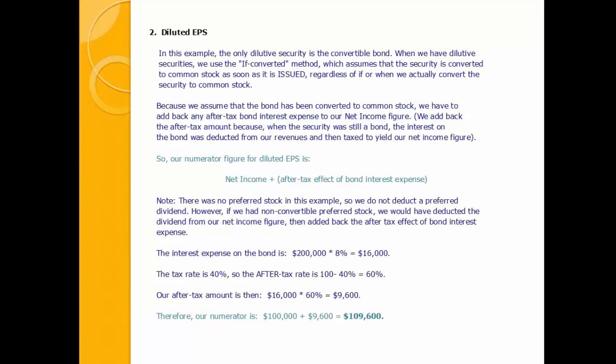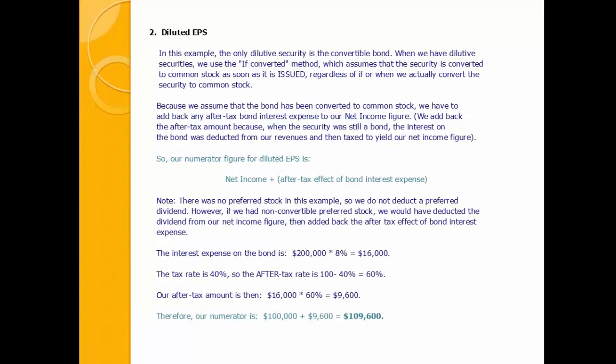So the interest expense on the bond is $200,000 times 8%, which is $16,000 per year. The tax rate is 40%, so the after-tax rate is 60%.